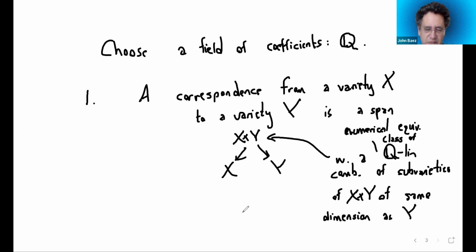So maybe at some point we should think about this again. This does look like a decategorification of some more categorified notion of spans. I haven't even said how we're going to get the category.